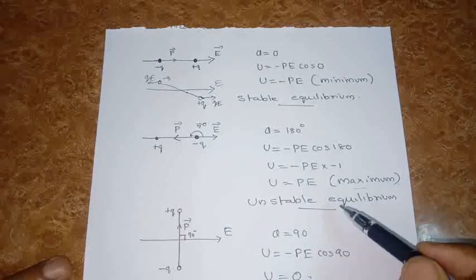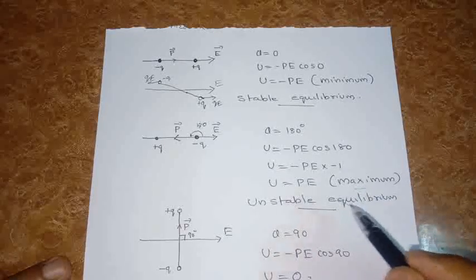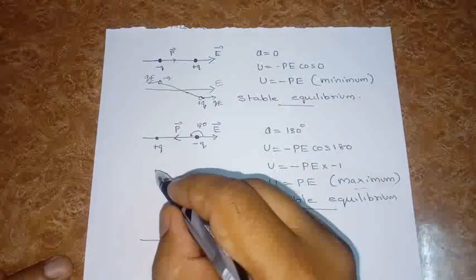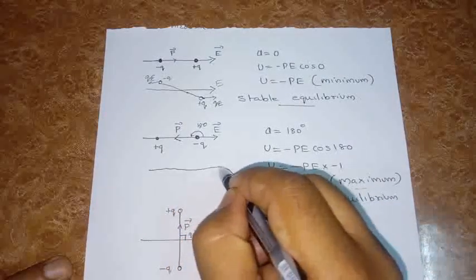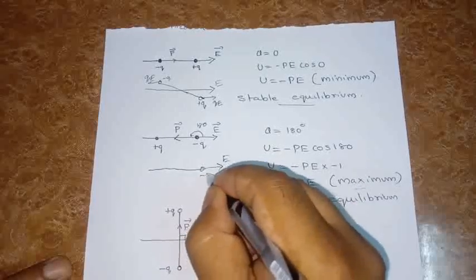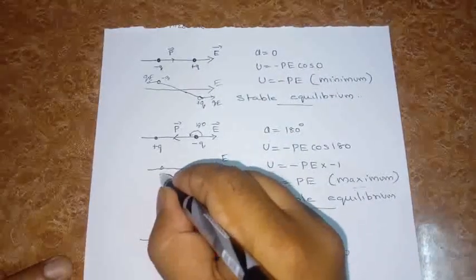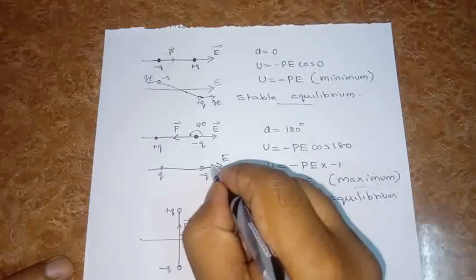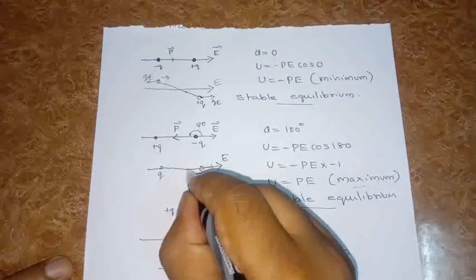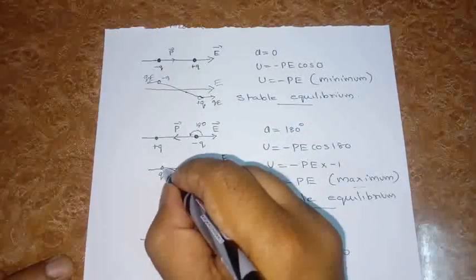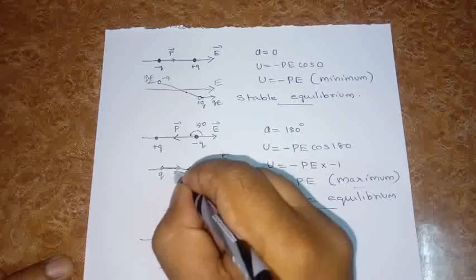Very carefully understand that at this particular position, the dipole is in equilibrium. Why is the dipole in equilibrium at this position? You can see the electric field, and minus q charge and plus q charge here. The force acting on the minus q charge is always in the direction opposite to the electric field like this, QE, and the force acting on the plus q charge is always in the direction of QE.